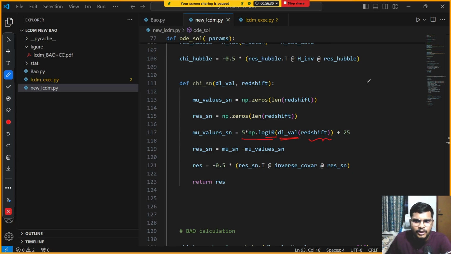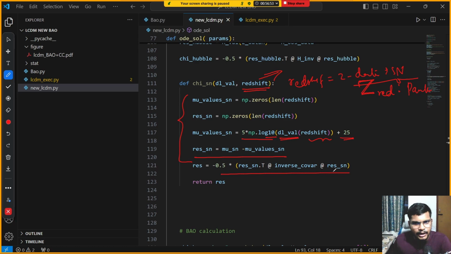I have already obtained the redshift from the Pantheon dataset. So I'm just taking this block redshift. And whenever I'm going to use it, I will say that redshift is equal to the Z data corresponding to supernova or Pantheon Plus. And then it will automatically come over here and compute it.